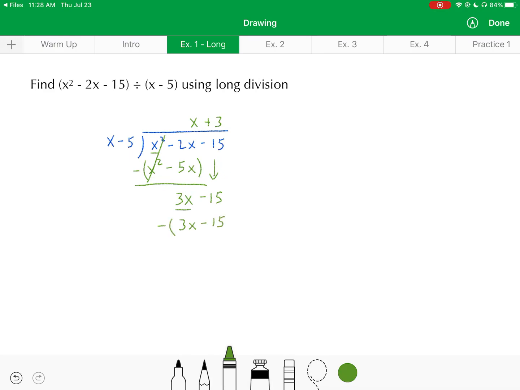I'm going to subtract here again. And notice both of these cancel out to where I have a remainder of 0. Okay, so that tells me the quotient from this long division process is simply x plus 3.